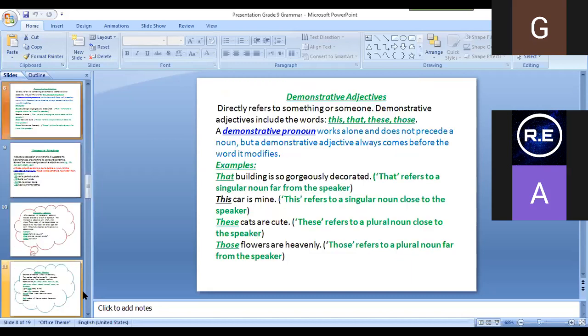Next one will be demonstrative adjectives. Demonstrative, what does it mean to demonstrate something? To demonstrate something means to make it clear, to make it stand out, to make it pointed, it stands alone.